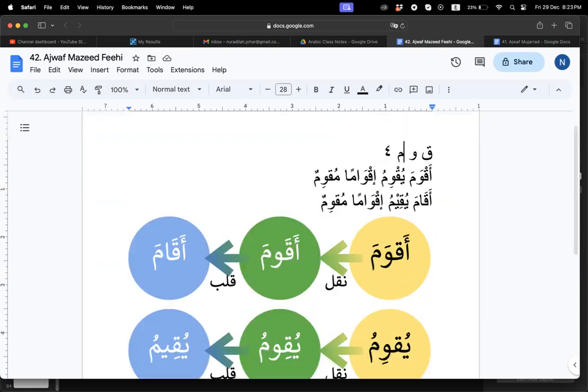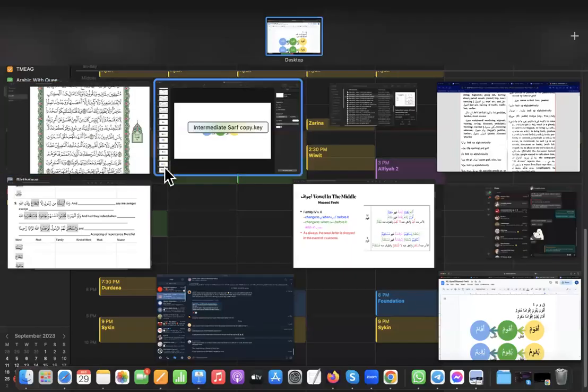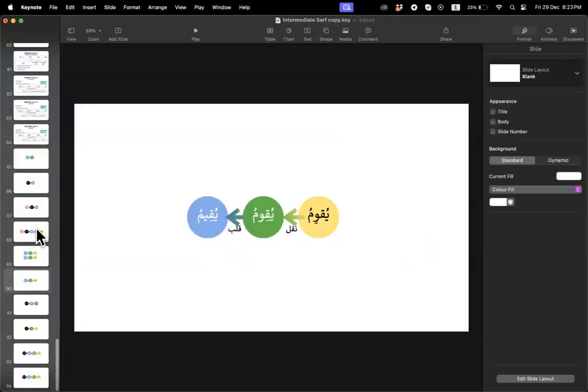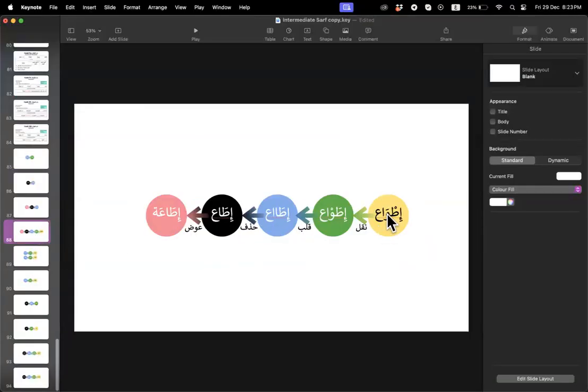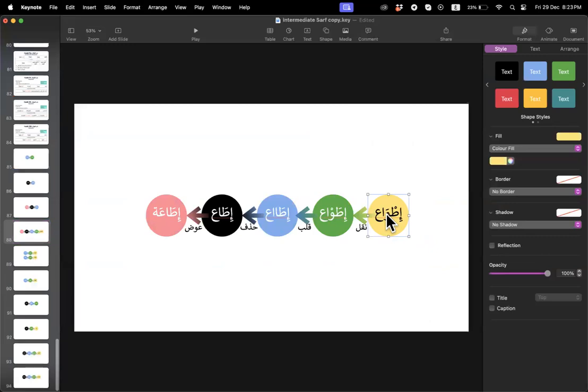So, and then what happened to the masdar? The masdar is a bit longer. Okay, let's do the masdar. This one. Okay, so you have iqwaman. This is supposed to be it. And then again, you do naql, right?